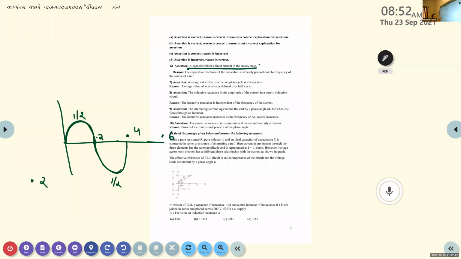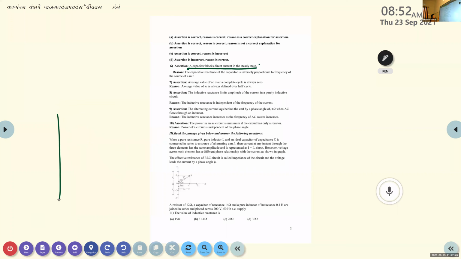For the next half cycle, it is again 0.2, but in the opposite direction. So in effect, 0.2 plus minus 0.2 is equal to 0. So the average value of AC over a complete cycle is equal to 0. Assertion is correct.